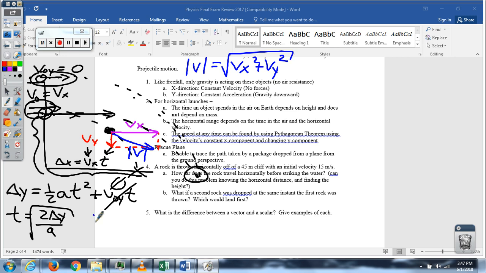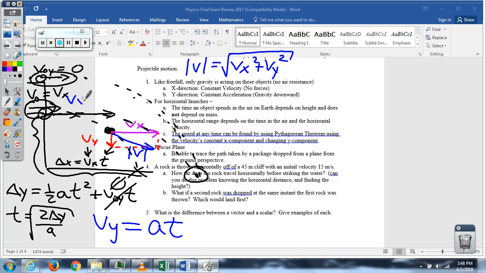Vy, the easiest way that you could find it depends on the information you're given. The easiest way would be if I told you that we're accelerating at -10 for a certain period of time. So you want to know how fast it is moving after the object's been launched, after 2 seconds.